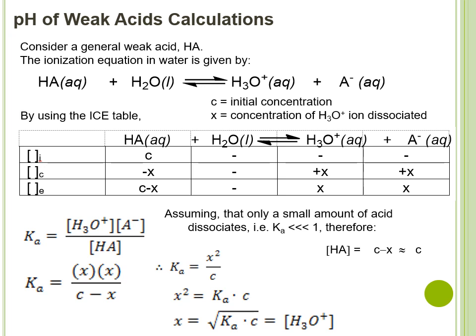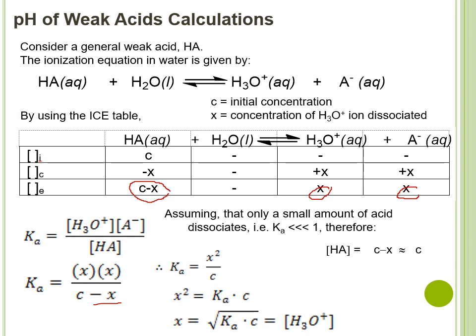So we write the Ka expression and substitute X for H3O+ and A- and C minus X as the reactant down here.